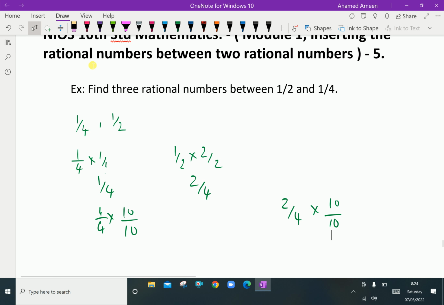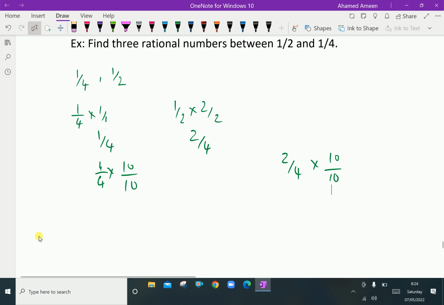Because we have to insert between these two numbers, we have to enlarge it. That means here it is 10 by 40, and here 20 by 40. That means 10 by 40 is 1 by 4 and 20 by 40 is 1 by 2.